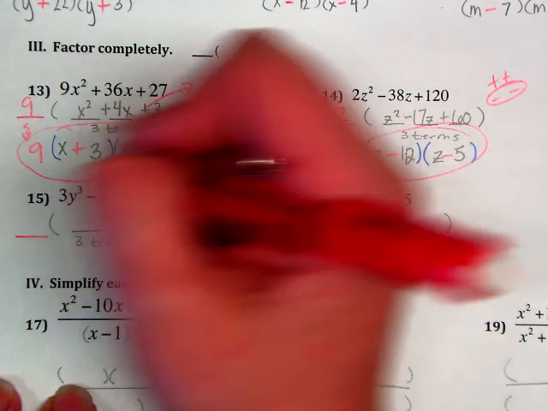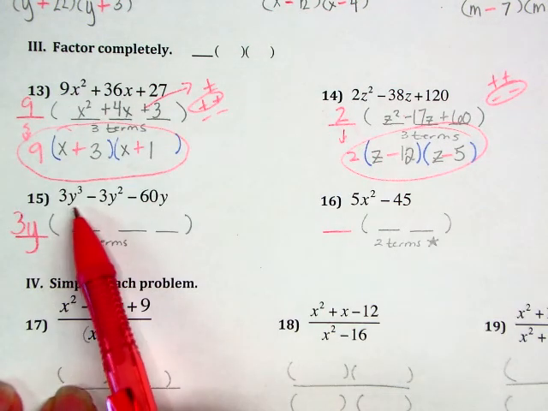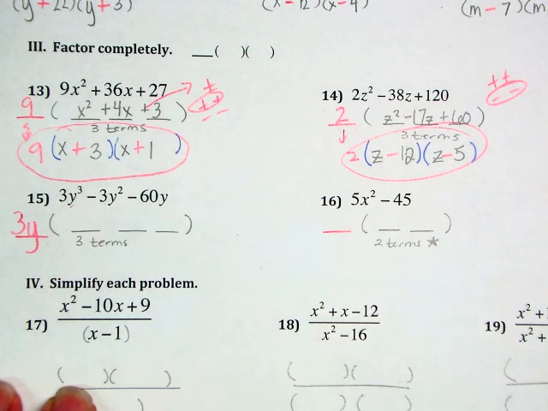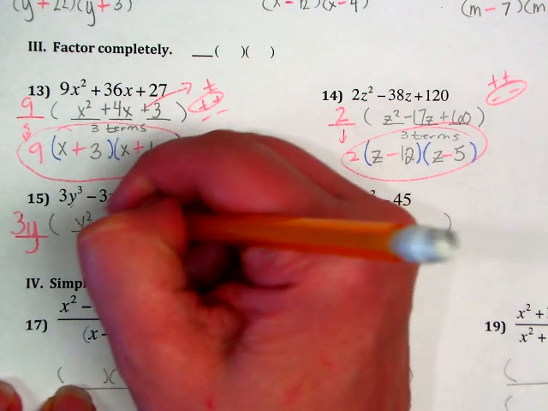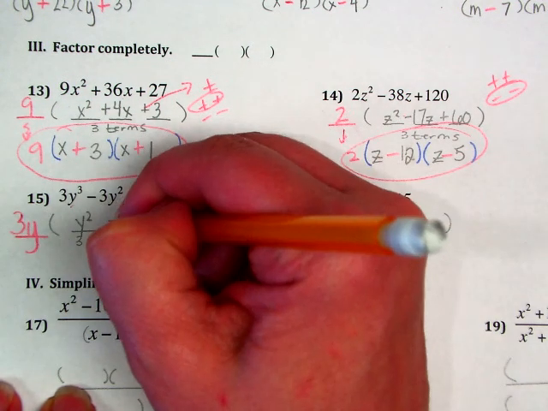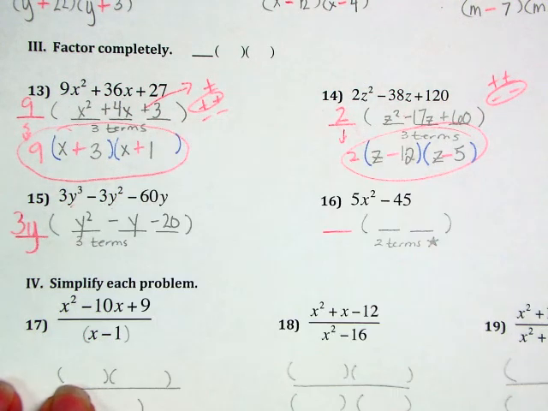The next one, my GCF, is very simply a 3 and a y. In order to factor, I need y squared, y, and a number. This is going to leave me with y squared minus y minus 20.